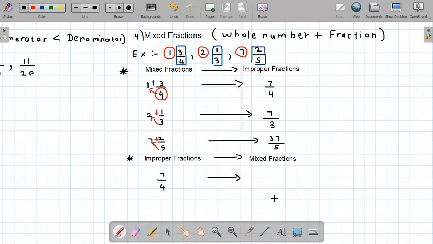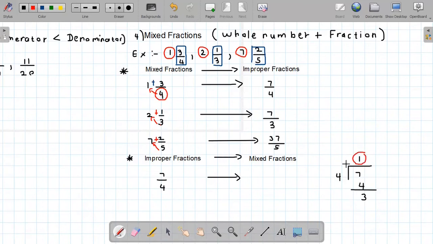So how am I going to convert this into a mixed fraction? First, I am going to divide 7 by 4, right? How many 4s are there in 7? Only 1. 4 into 1, 4. 7 minus 4, 3, right? Now, how am I going to write this mixed fraction?